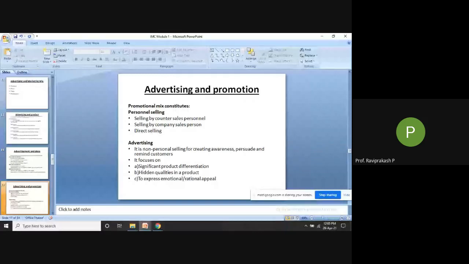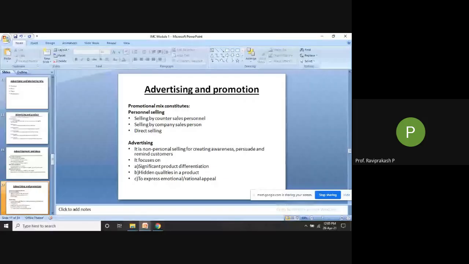If you see something, they try to connect your emotions with it. So if you are in a certain state of emotion, you want to eat that. For example, Kit Kat, take a break. That means if you are very stressed and you remember that ad, you think, okay, I want to have a Kit Kat. Just as an example of emotion. If you are sad, many people think of eating or drinking something, they associate with it.